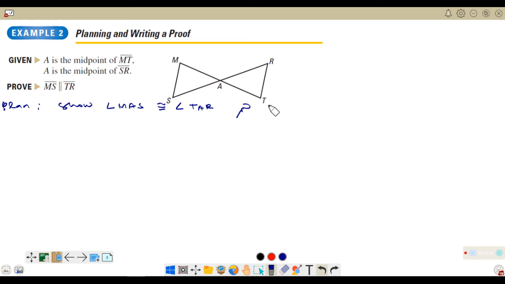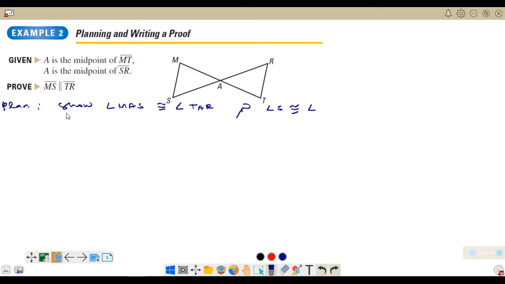And angle S is congruent to angle R. Use CPCTC to prove, ay, teka pala. Ayan.